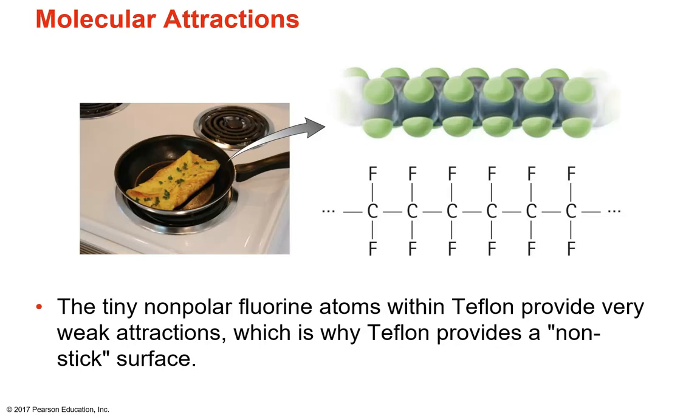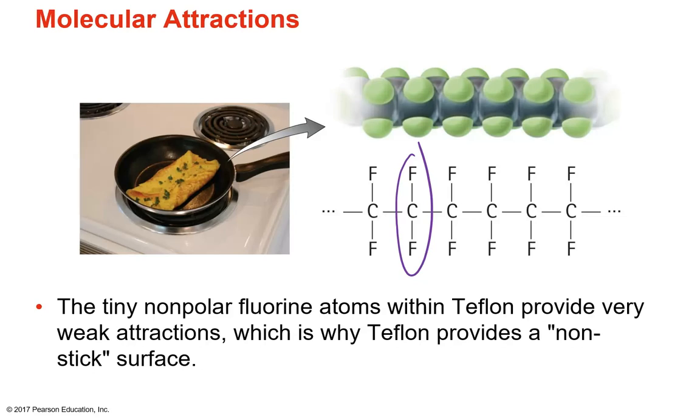But the reason fluorine works for nonstick pans is because you have, here's the basic unit, carbon with the fluorine on each side and carbon going out each direction. It's nonpolar because it's symmetric. And so you have nonpolar molecules. Nonpolar molecules don't bond much with other things. The only way they would is the induced dipole idea.